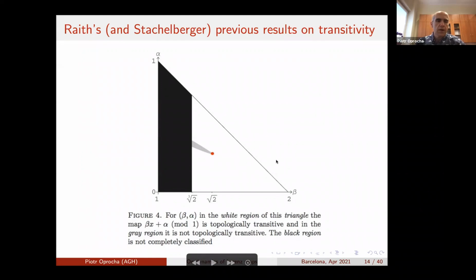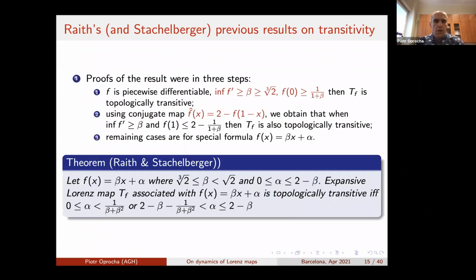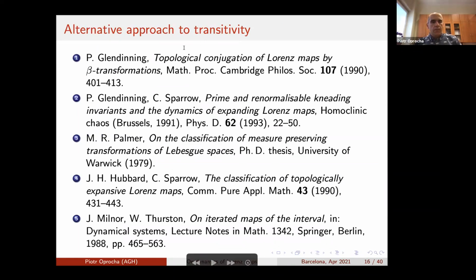This was analyzed by Hofbauer's approach by Piotr in several papers. But then there is also quite a lot of literature using a different approach, and it starts with papers of Glendinning, but there are many others.